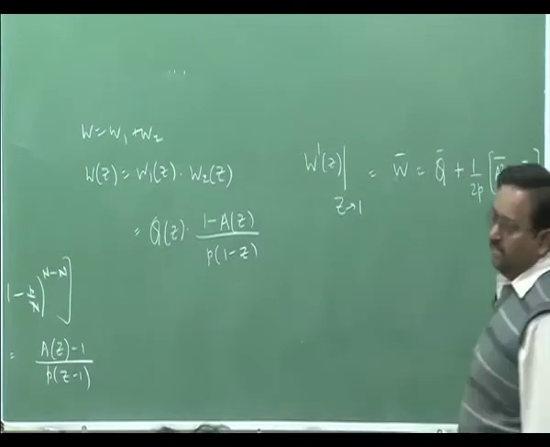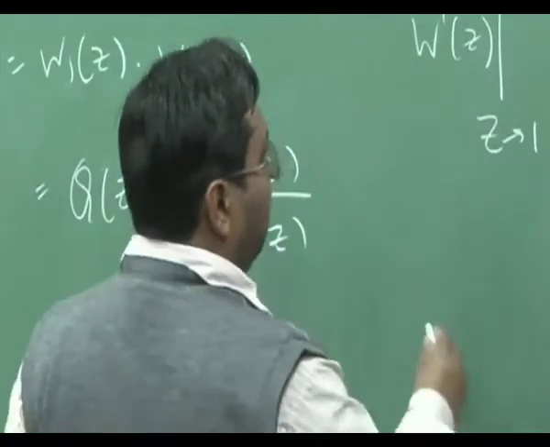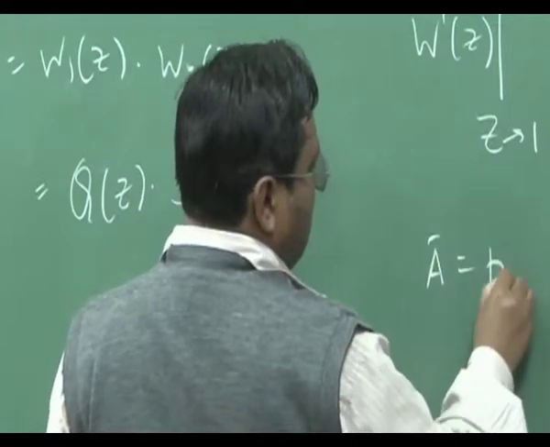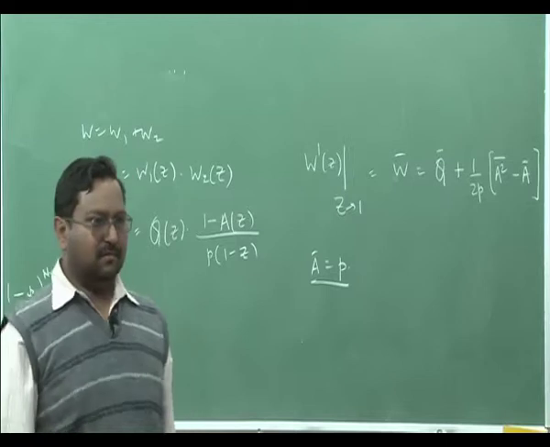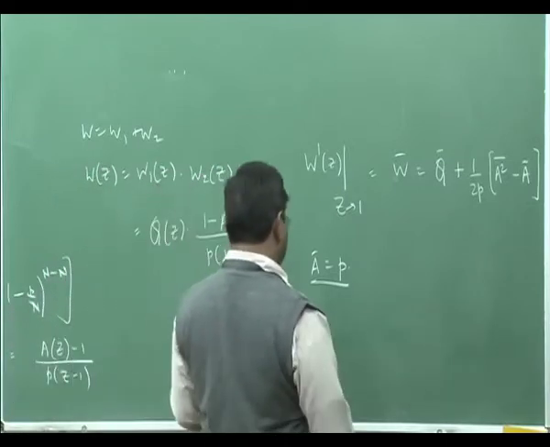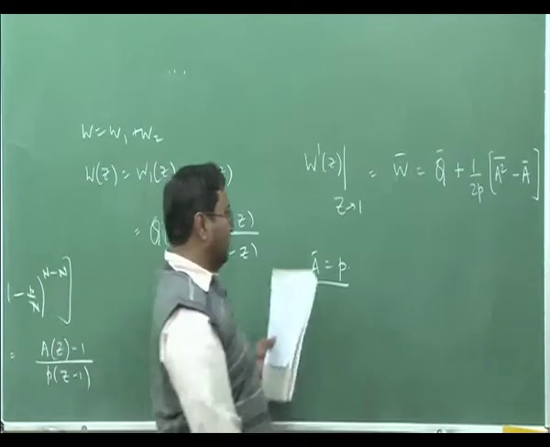First moment around 0 is mean. Okay. And A bar is P, because n into P by n will be P actually. The average value will be A bar.